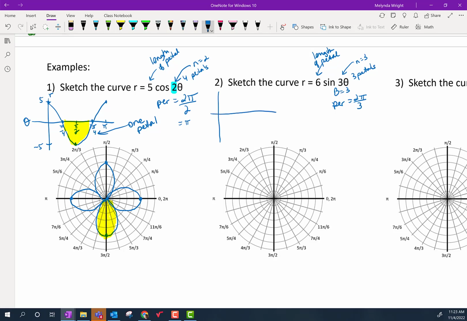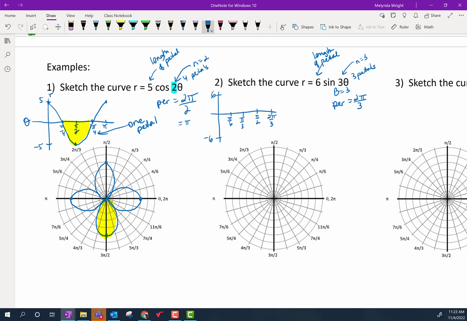Okay, here we go. So the amplitude is 6, so up 6 and down 6. My period is 2 pi over 3. Half of 2 pi over 3 is pi over 3. Half of pi over 3 is pi over 6. So 1 pi over 6, 2 pi over 6, 3 pi over 6 reduces to pi over 2.